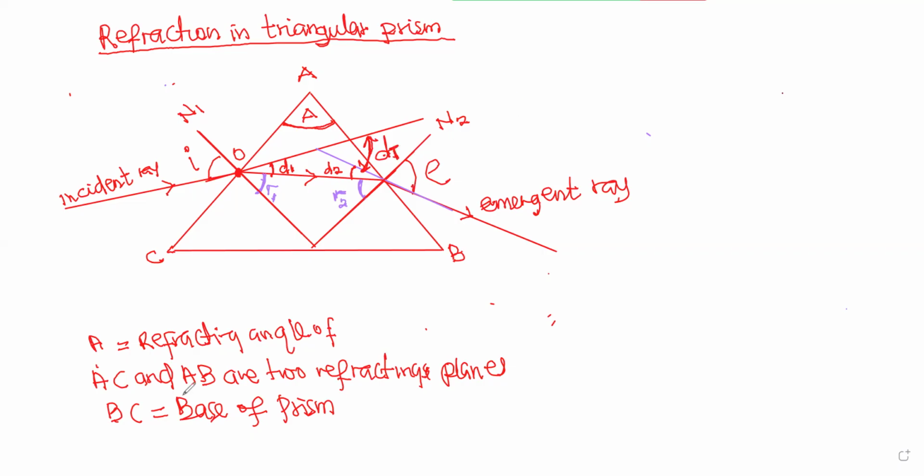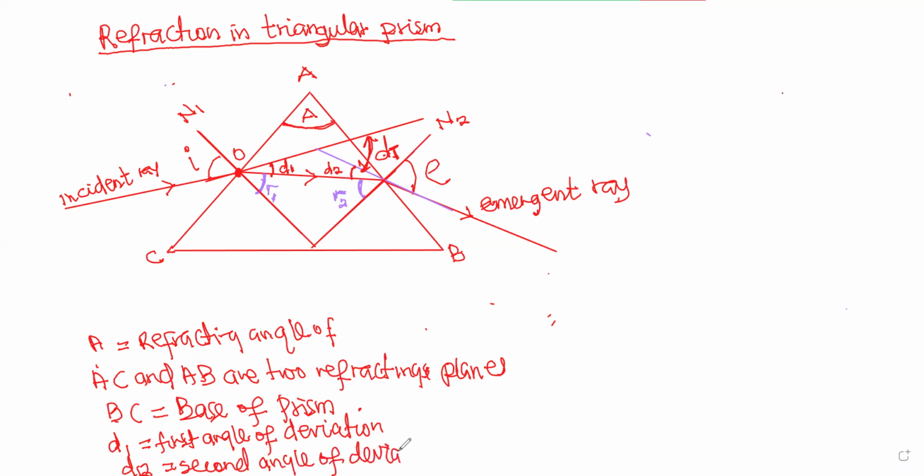So let me define my variables, where D1 is equal to the first angle of deviation, then D2 is also the second angle of deviation. Can you define R1 and R2?